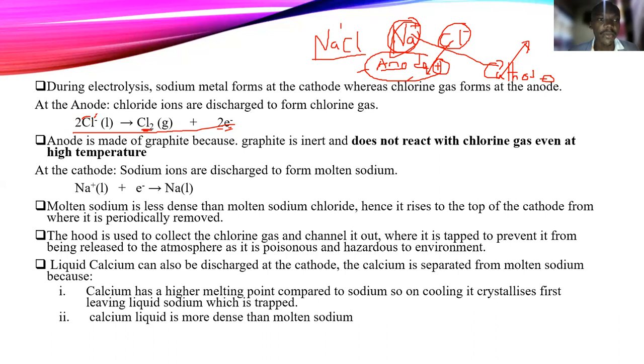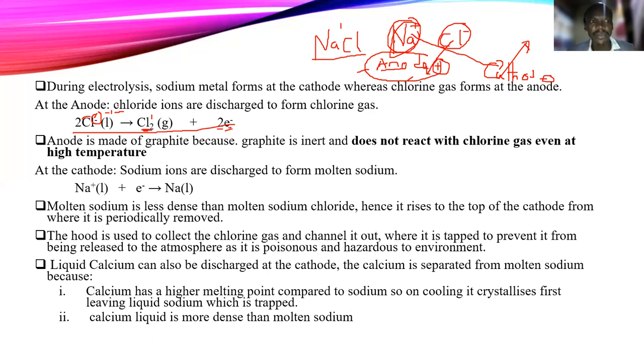So if the oxidation state here is -1, and the oxidation state of an atom is always 0, you realize that it has increased. The oxidation state has increased from -1 to 0, to mean it has been oxidized.